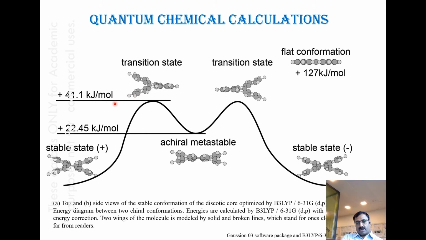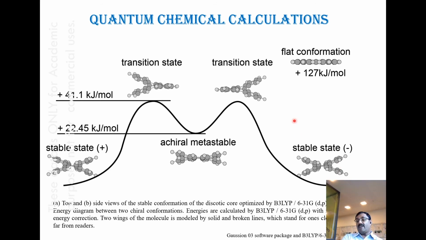The same when you come to the achiral metastable, achiral meaning flat. You can see the energy is again 22 kilojoules per mole. Going again to the transition state, the energy is 41 kilojoules per mole, and then again the stable state, which gives 22 kilojoules per mole.